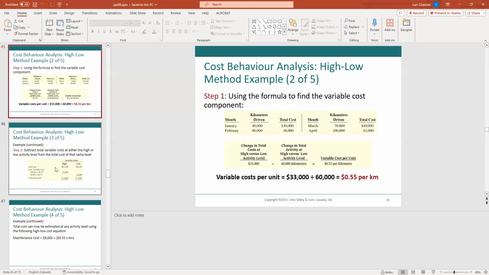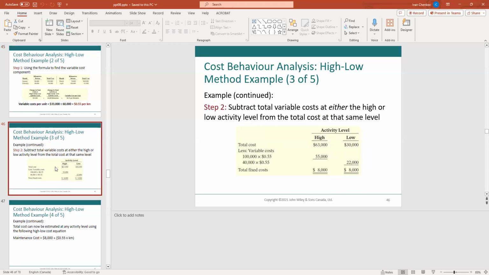The question is, how much is the fixed cost? Total cost is the variable cost plus the fixed cost. Variable cost is the number of units times the cost per unit. So the total fixed cost will be $8,000. At the low level, 40,000 times 55 cents is $22,000, so again $8,000 fixed cost.